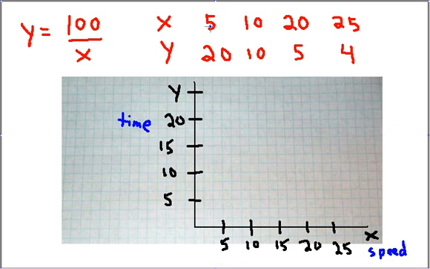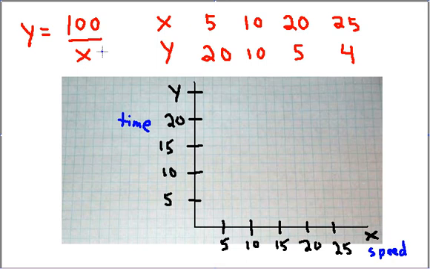Okay, let's take a look at our first value. Let's say that the average speed of the blimp during this 100-mile trip that it has left is 5 miles per hour. The question is, how long would it then take the blimp to go that 100 miles? Well, if we take 5, which is the speed in miles per hour, and we stick it back into our formula, what is 100 divided by 5? Well, 100 divided by 5 is 20.